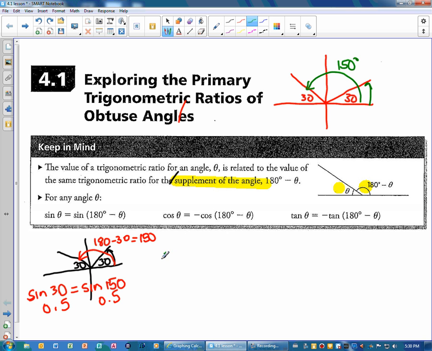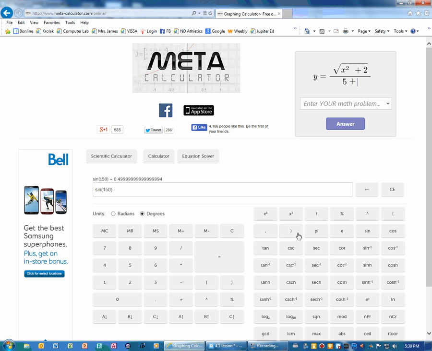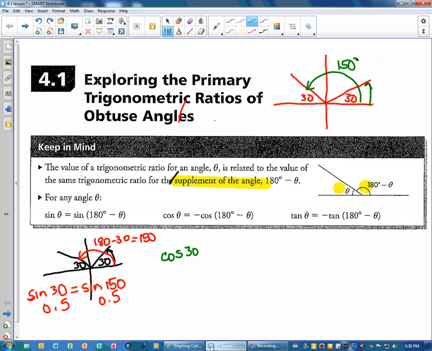So if I ask, what's the cos of 30? Go to my calculator, clear, cos of 30, I get 0.866. And if I ask it what the cos of 150 is, now remember what I told you.